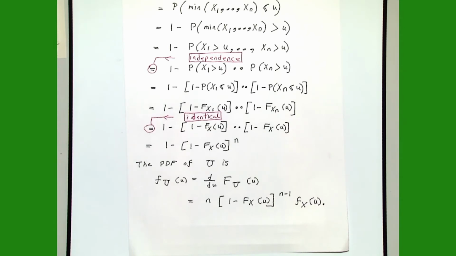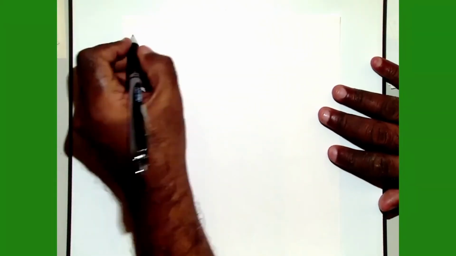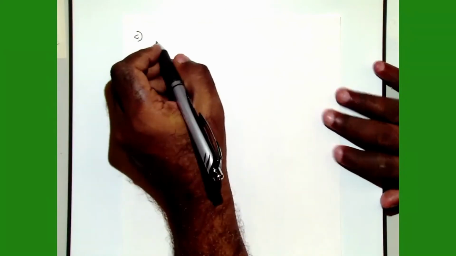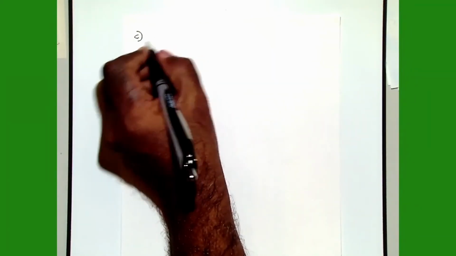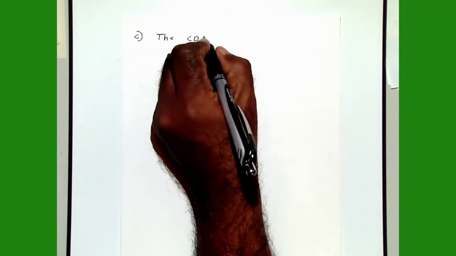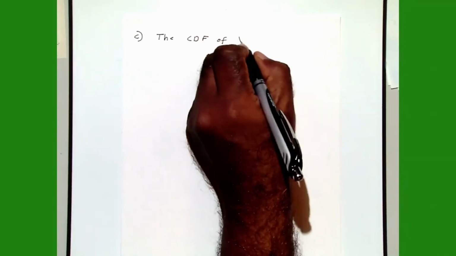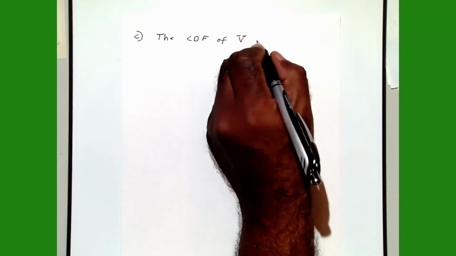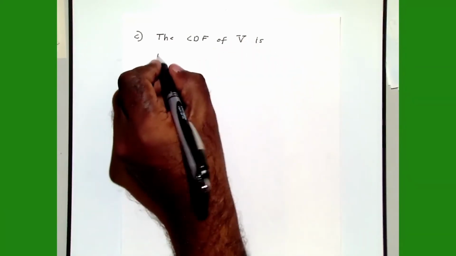All right, the next thing I'm going to do is to consider the third variable, which is the maximum portfolio loss. So this is V. The first thing I'm going to do is to find the CDF of V, the maximum portfolio loss.